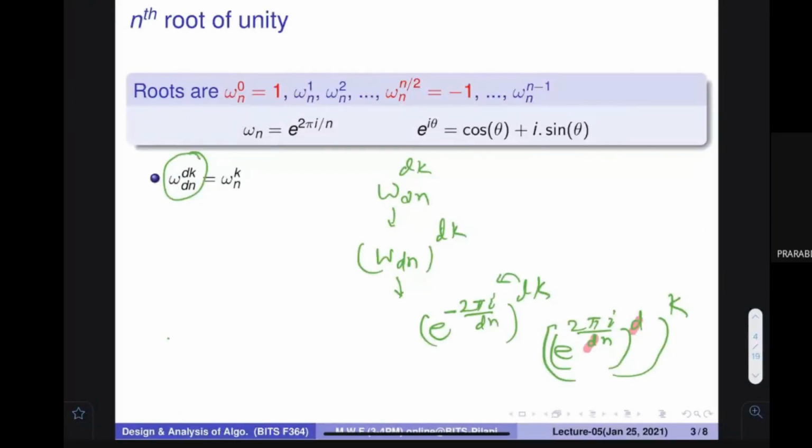This is ω_n, since I have simplified this and there is no dn. It is ω_n to the power k.